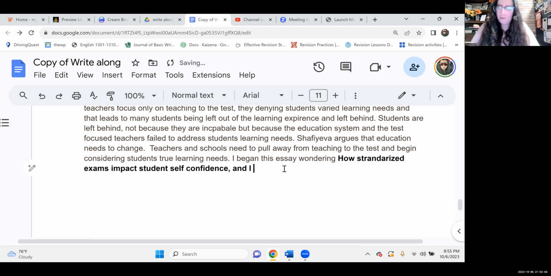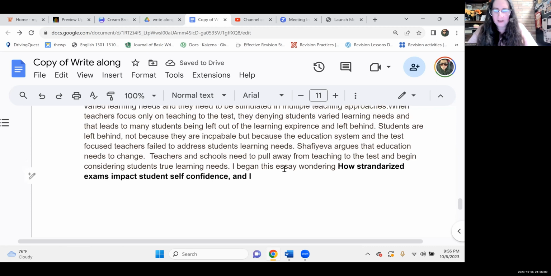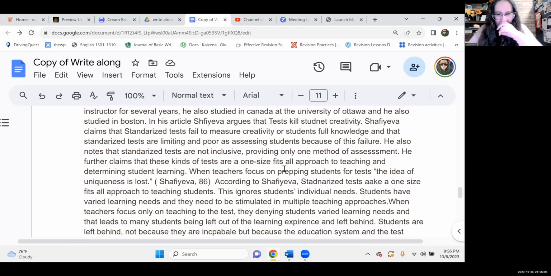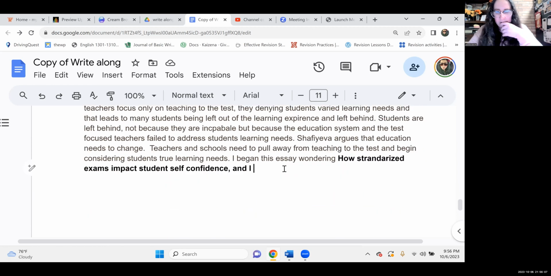And now I've got to think about this, right? I just had this conversation about how tests kill creativity and they fail to be inclusive. And so I can see how this leads me to a potential answer. This interesting discussion is definitely going to affect self-confidence. This is now me making all the connections, right?